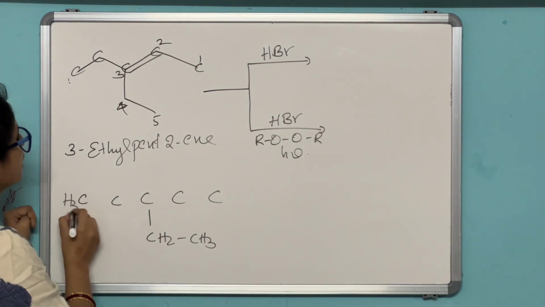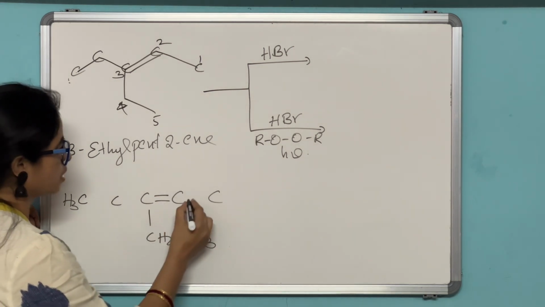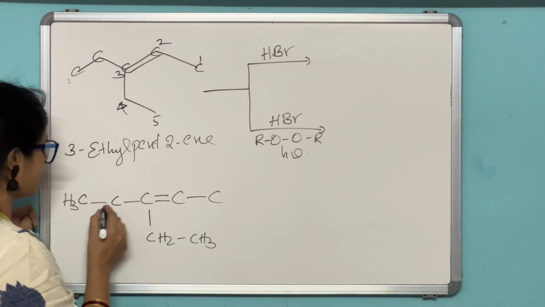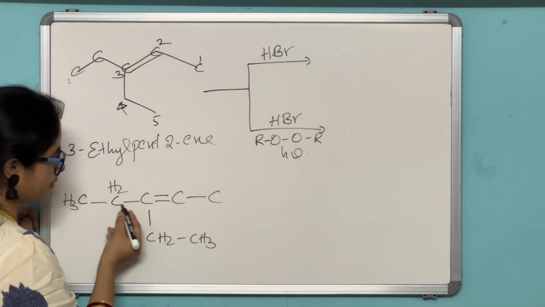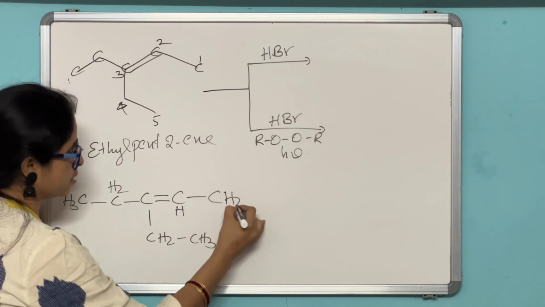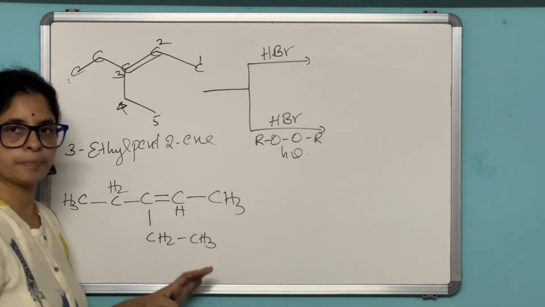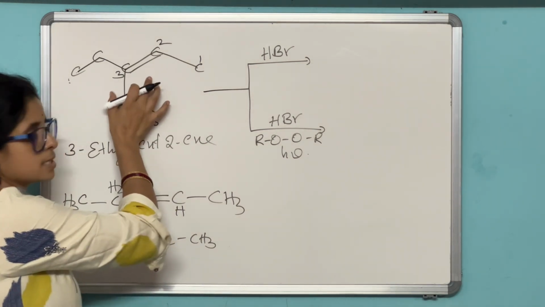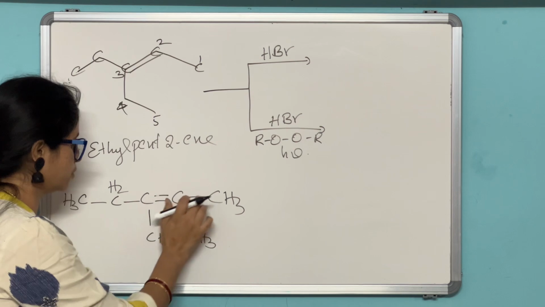So here the double bond is between these two carbons, no? To satisfy the valency of carbon, you just place hydrogens. Here the carbon valency of 4 bonds is satisfied. Here you have hydrogen. Here is your CH3. At the corner of your page, if you are confused with this type of structures, you just write like this: 1 2 3 4, 1 2 3 4.